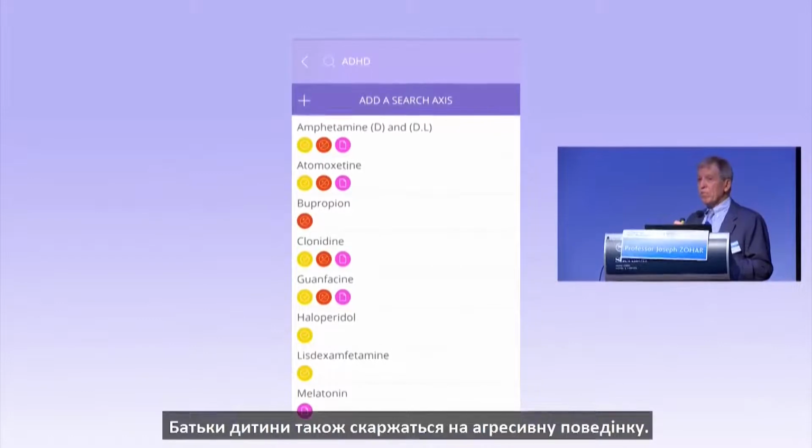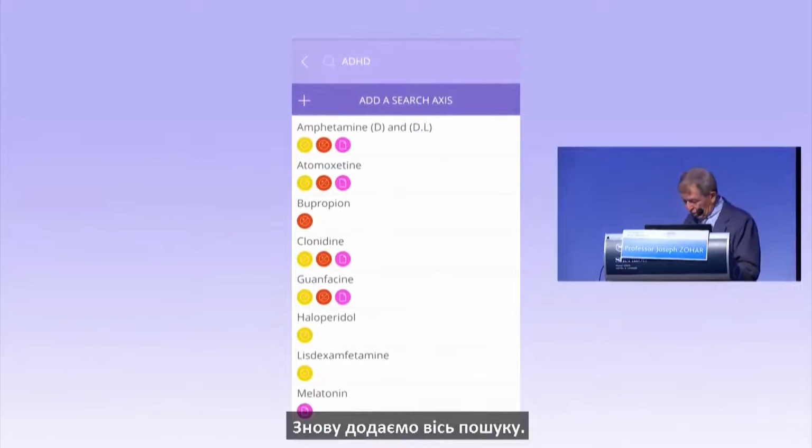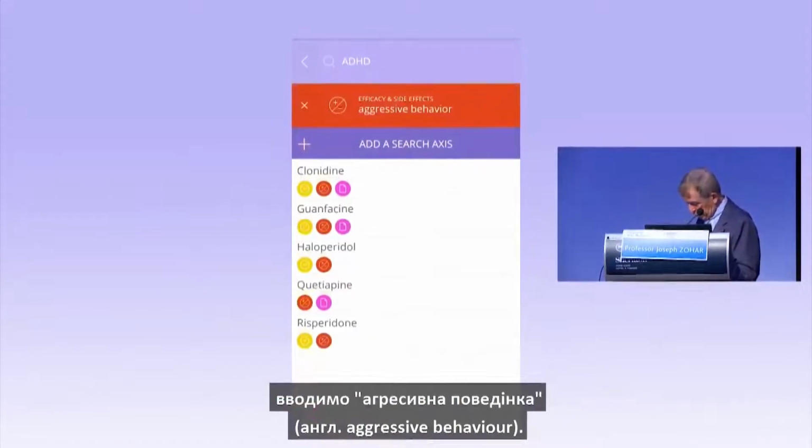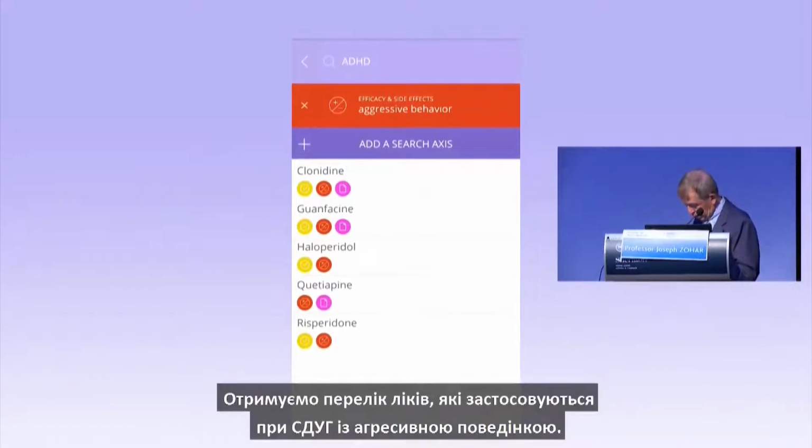Another complaint of the parents is aggressive behavior. So we again touch on add search axis on efficacy and side effect, and we type aggressive behavior. So you get medication that work for ADHD and aggressive behavior.